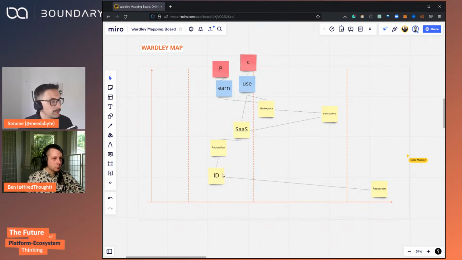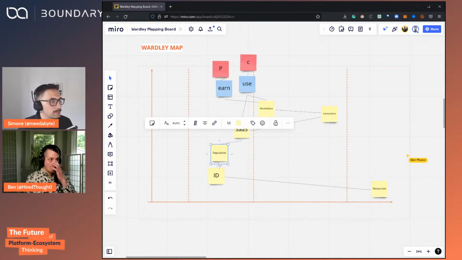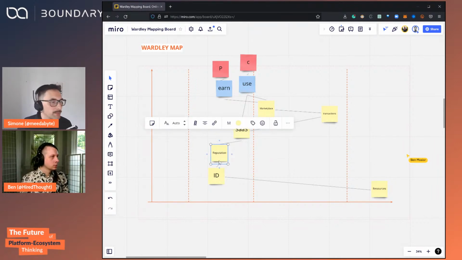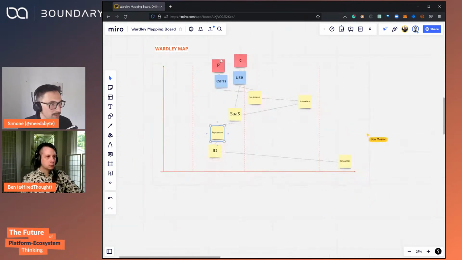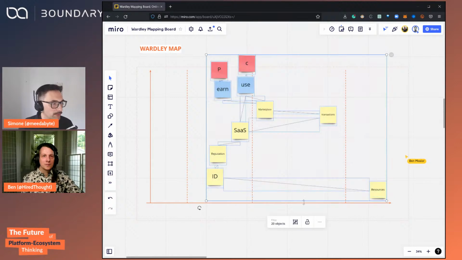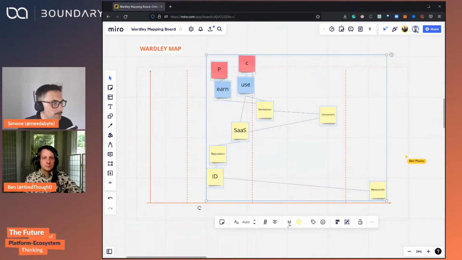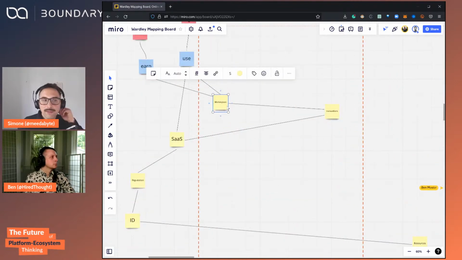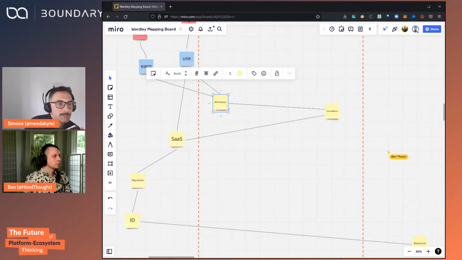I can think of, for example, Web3 doing things such as making ID open, making reputation open. That's one of the big promises of Web3 that everybody has been talking about for ages now that didn't really materialize so far. Or we can think of marketplaces not being controlled by the aggregator.